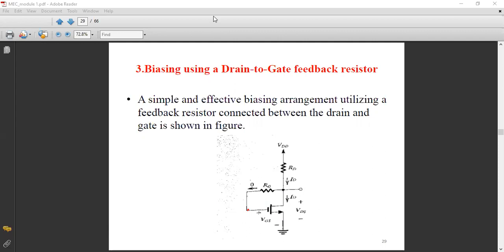Now you know that the input gate current is 0, right? Tell me why the gate current is 0, or what manufacturing aspect of the MOSFET will lead to 0 gate current?